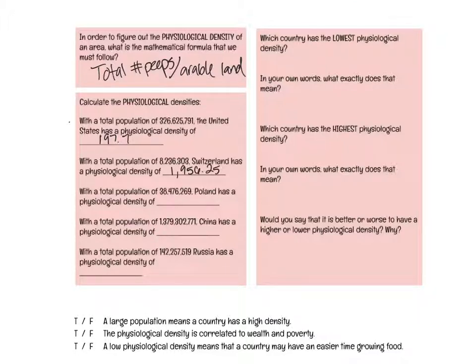Is that right? Yeah, okay. Poland was what number? Yep, 339.92. China, what was China's? 0.88. And Russia was what? 113.97.